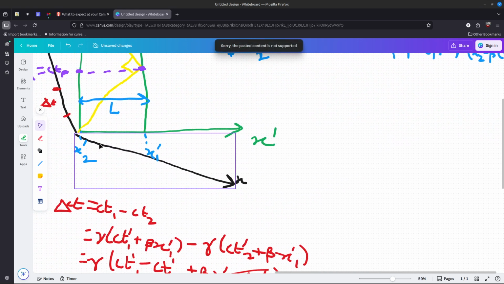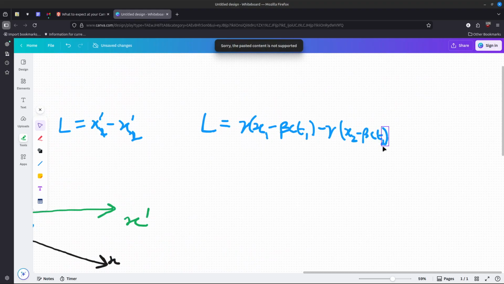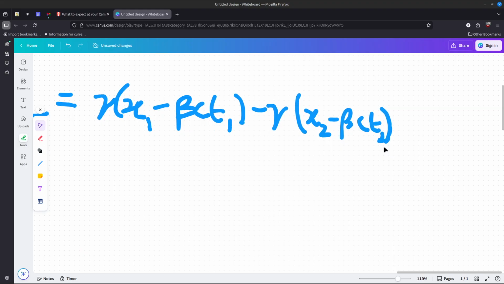And similar to when we were getting that time interval, these are happening at the same time. We're taking the distances to be at the same time here, so we're not measuring, say, this distance or something. We're measuring this distance at the same time. So the ct over here is going to be the same ct.